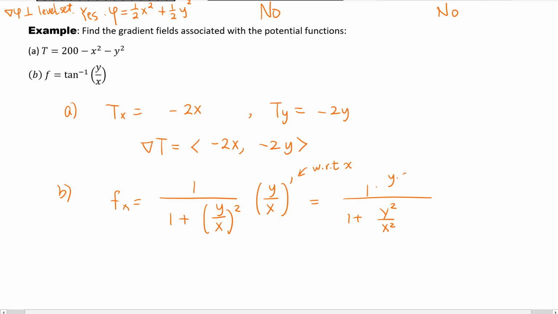X to the minus 1 derivative is minus 1 times x to the minus 2. So this is negative y over x squared. And here we can see, we get the common denominator, x squared plus y squared over x squared. Now we can multiply by x squared on numerator and denominator. That gives us minus y over x squared plus y squared. So far, so good, everybody.